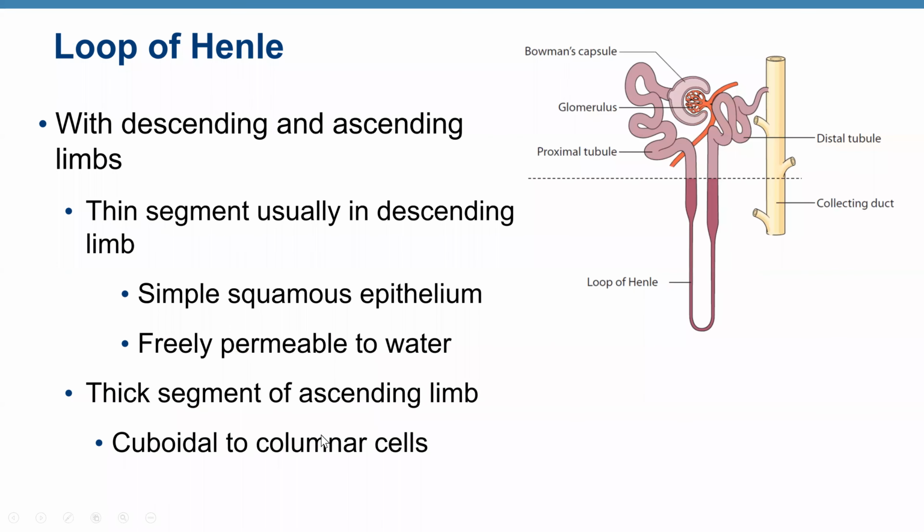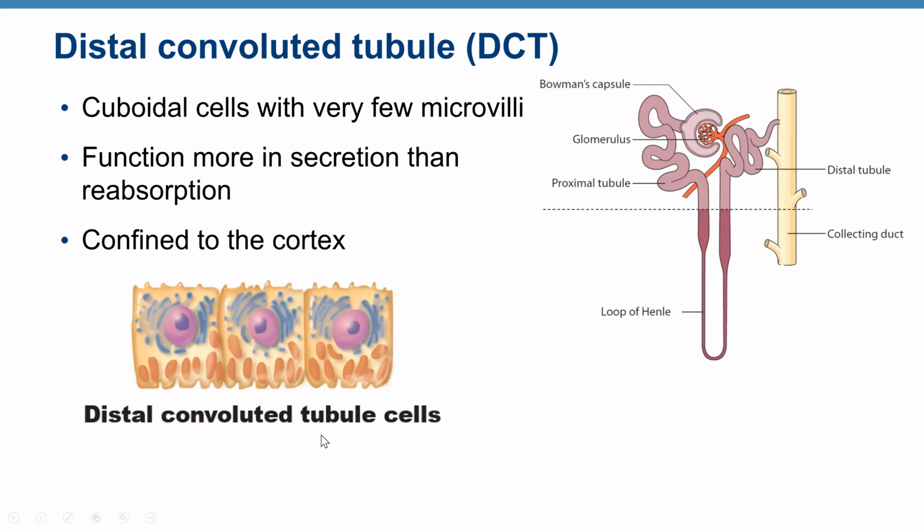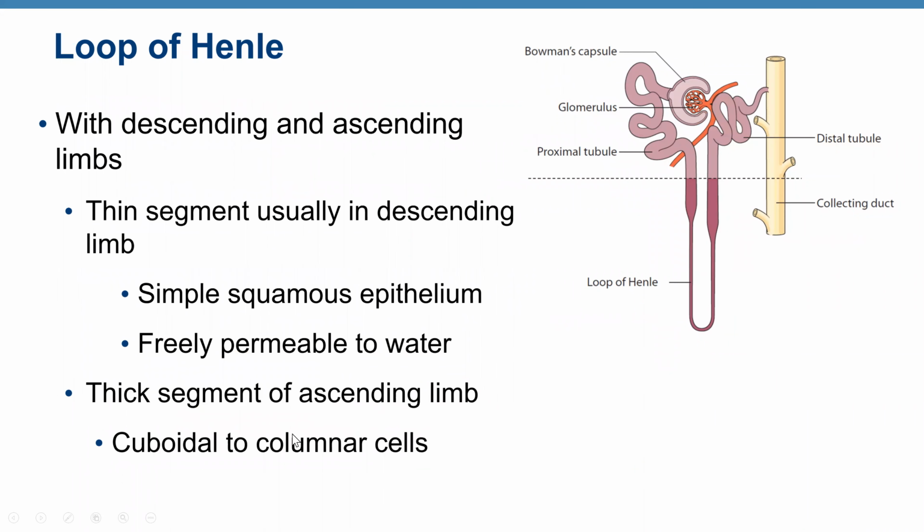Now, the loop of Henle has descending and ascending limbs. A thin segment is usually in the descending limb. So here we go down, that is descending, and we have a thin segment made of simple squamous epithelium tissue and freely permeable to water.